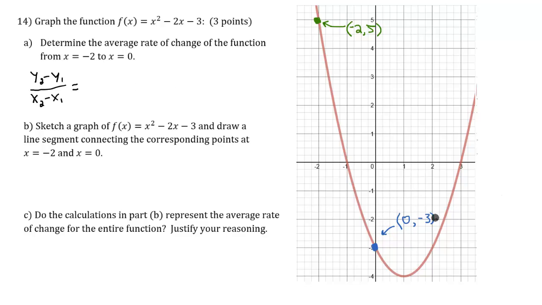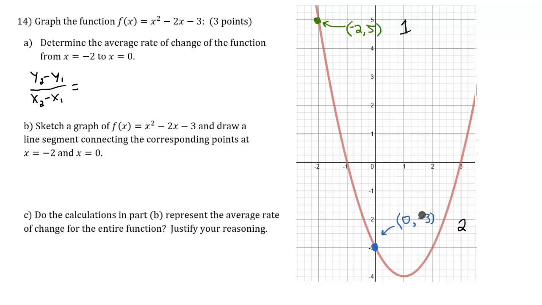So I'm going to treat this point down here as my second point. So that's going to be x2 and y2, and then this one up here is going to be my first point, x1 and y1.